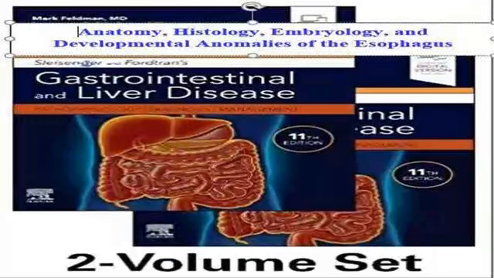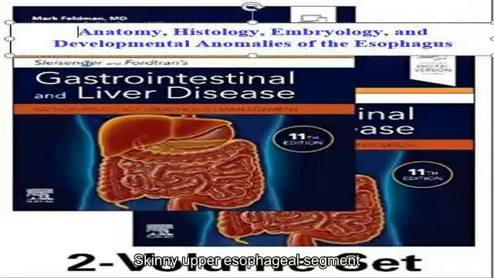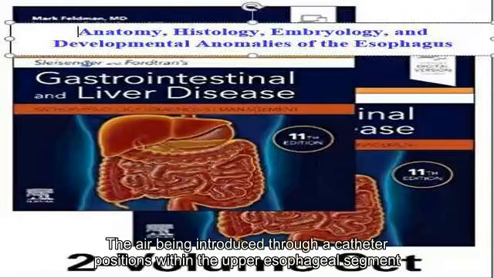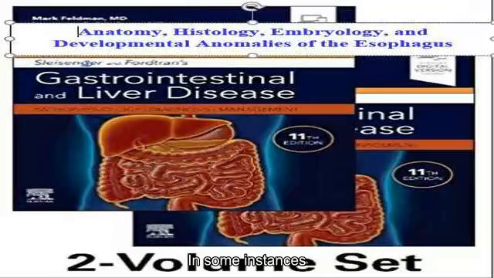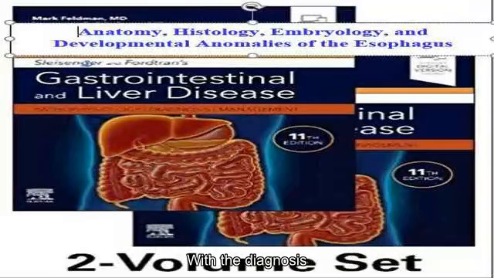Once suspected, the diagnosis can be confirmed by failure to pass an NG tube into the stomach and by a concurrent chest radiograph with air contrast in the upper esophageal segment, the air being introduced through a catheter positioned within the upper esophageal segment. In some instances, injection of 1 ml of water-soluble contrast into the obstructed segment helps with the diagnosis.